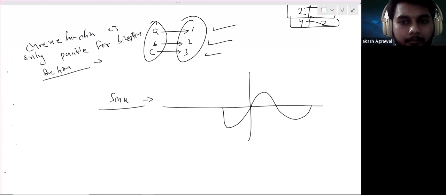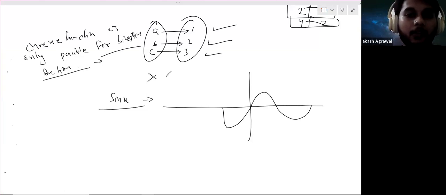No. So can I find the inverse function of this? No. But there is a chapter, inverse trigo. So what did we do? I told you that if a function is not bijective, then the inverse will not exist. But we are studying inverse functions.